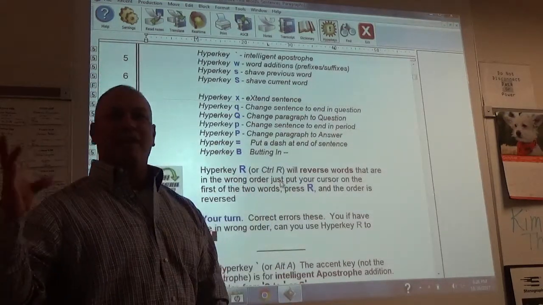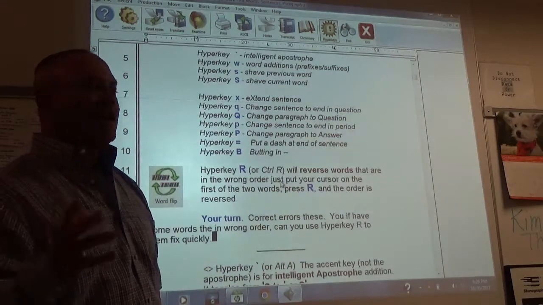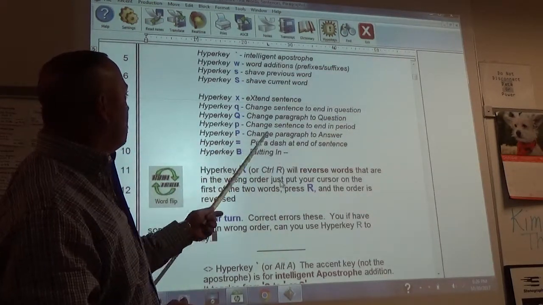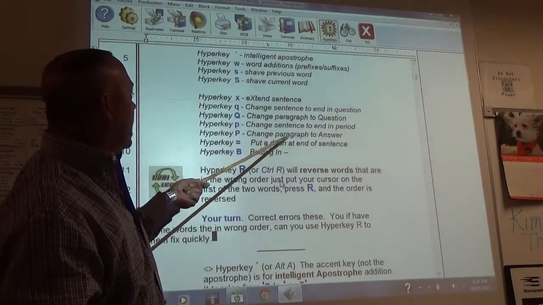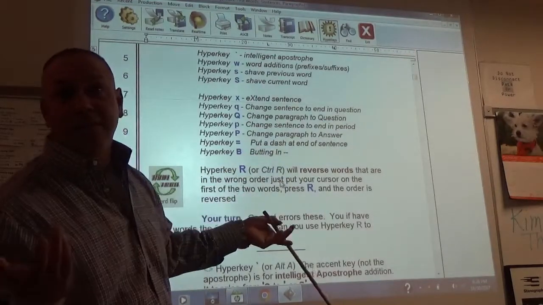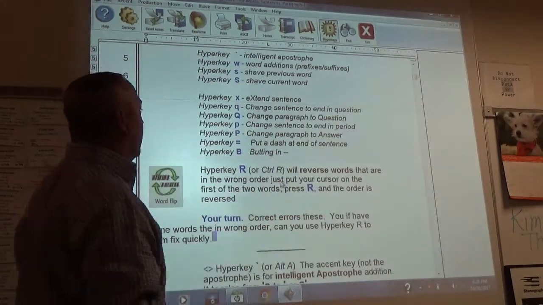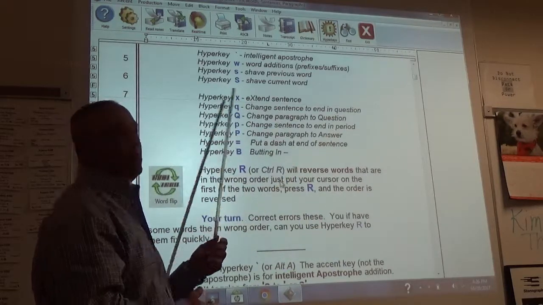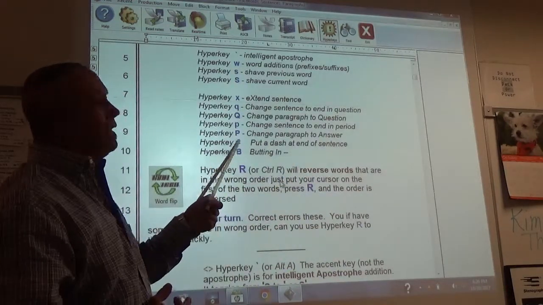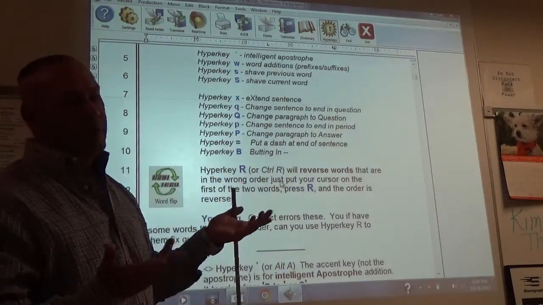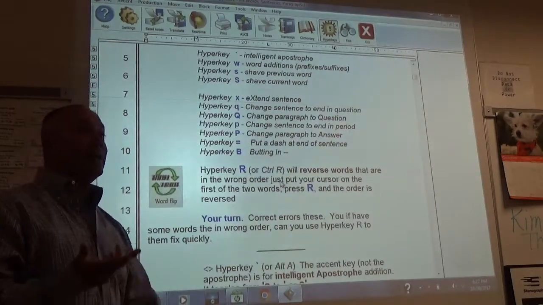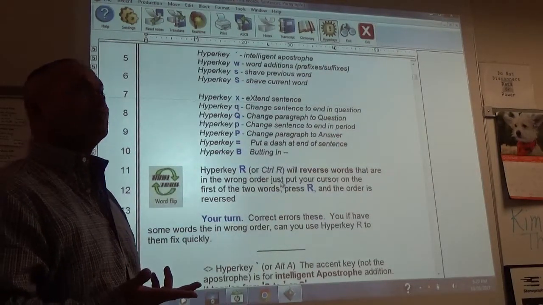Usually they put the letters towards what you're doing. Change paragraph, I guess, to answer. But it's changed paragraph to question up here with the Q. I don't know why they selected Shift P, but it is. Or it's what? F4.